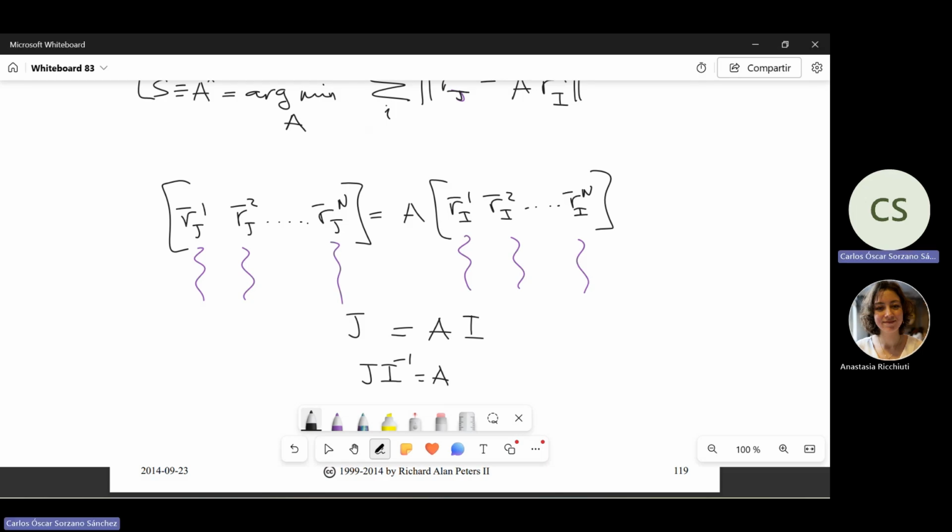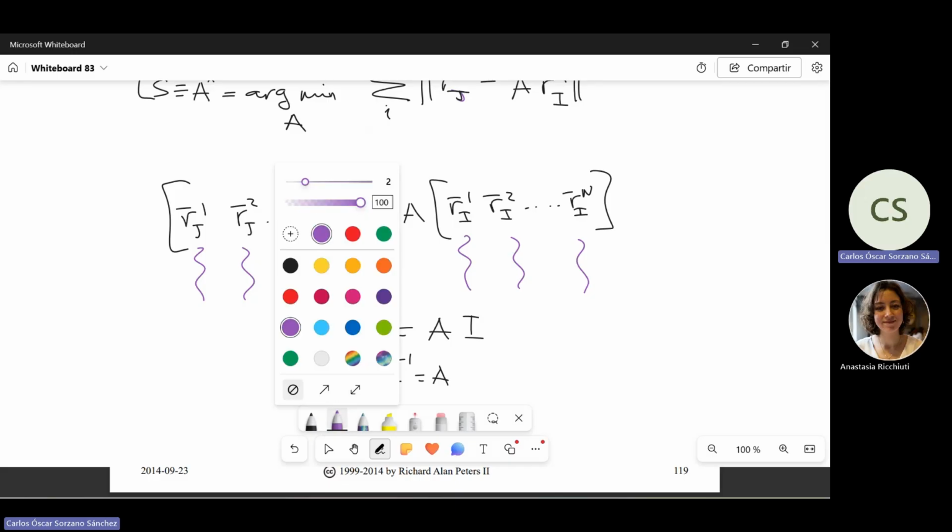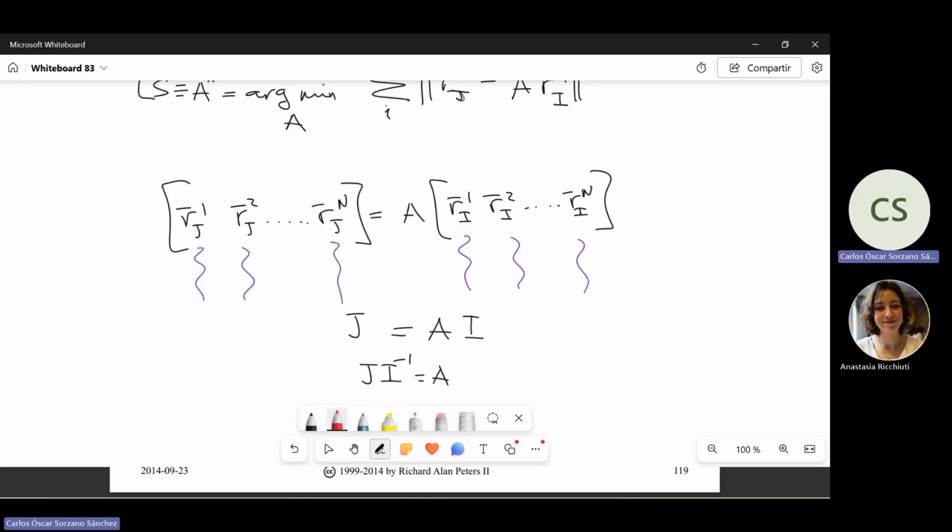No? Okay. Then let's think of the sizes of this thing. So we said, let's use right for the size. This is 3 times 3. What is the size of this matrix? The columns are colors, so it has to be 3 times n, and this has to be 3 times n.